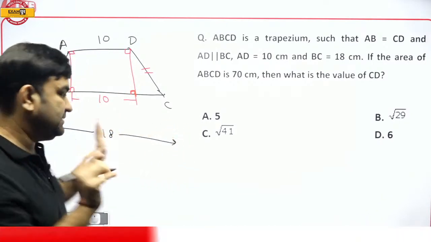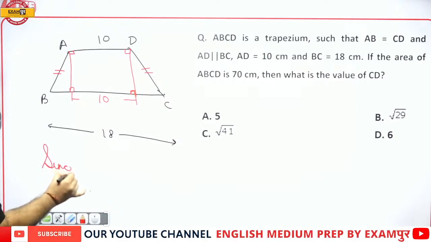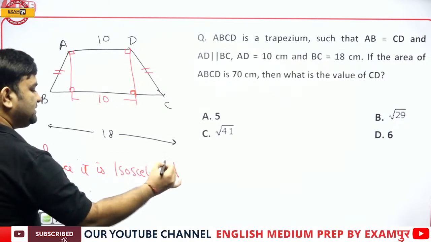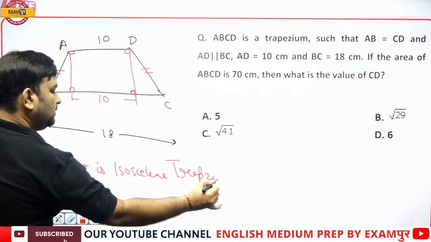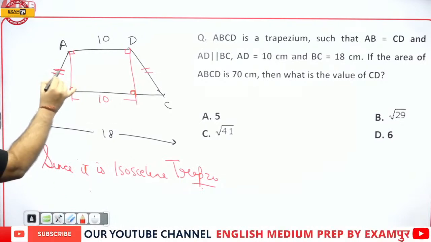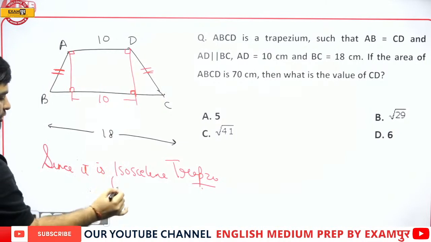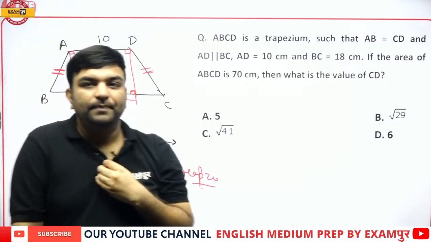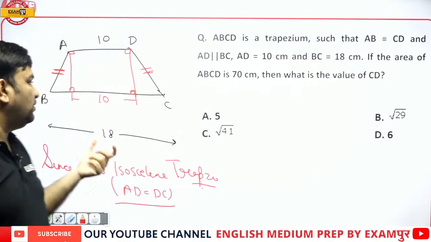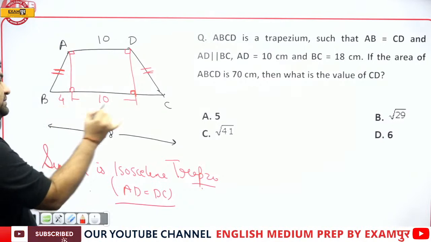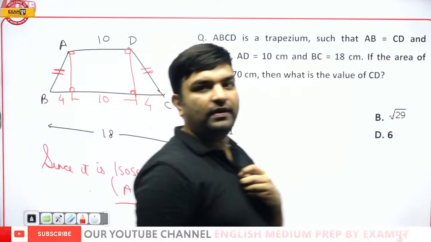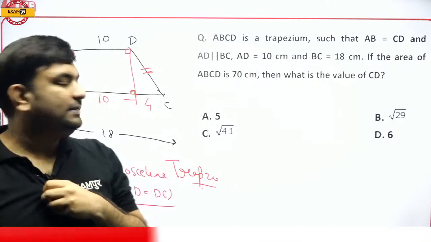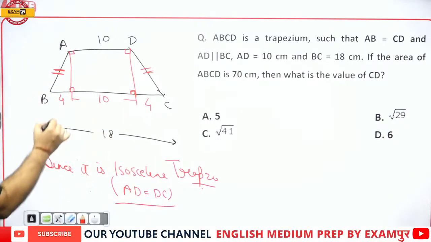Since it is an isosceles trapezium, because the non-parallel sides are equal, that is the reason why we can divide this remaining 8 into 2 equal parts, 4 each.